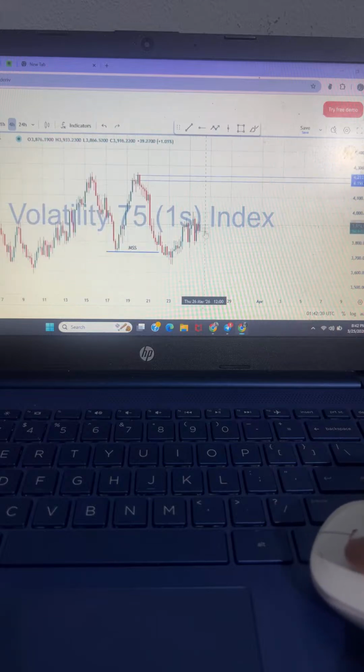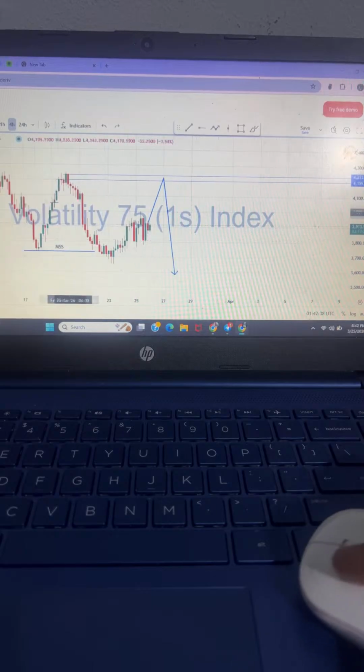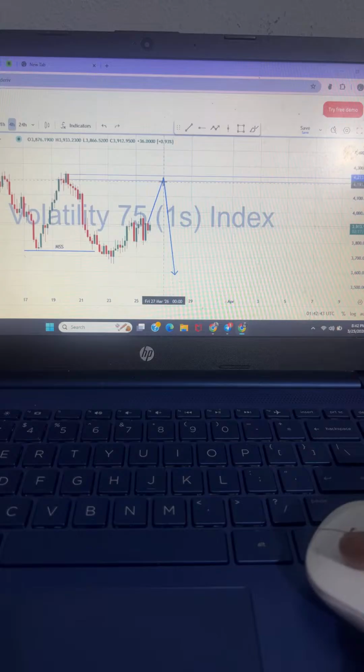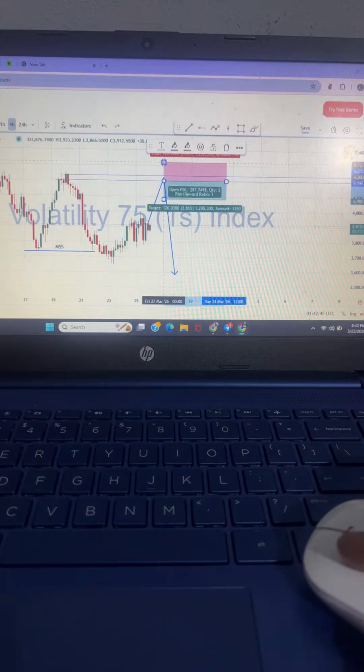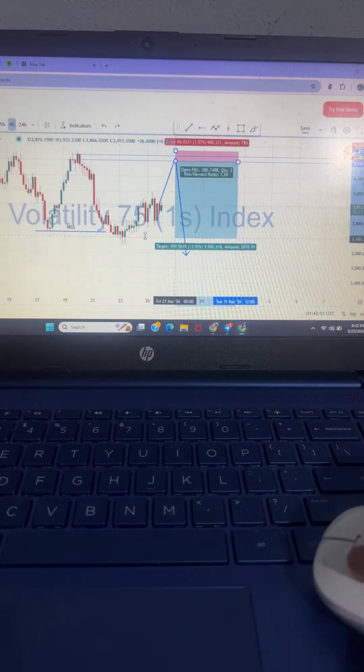So now I want to see price push, come up, sell, come break back structure to the downside. Alright, so I want to see price do that. Let me put that there. Stop loss there. We can target the full move.